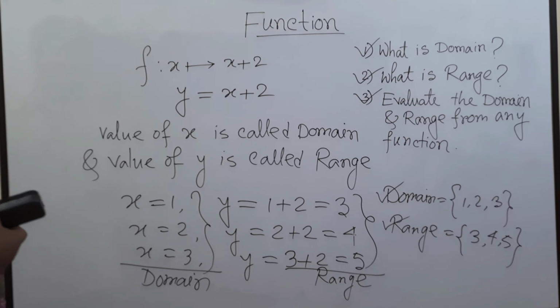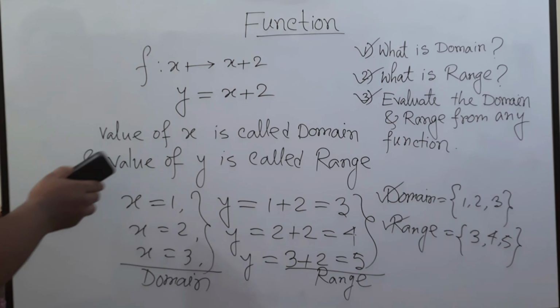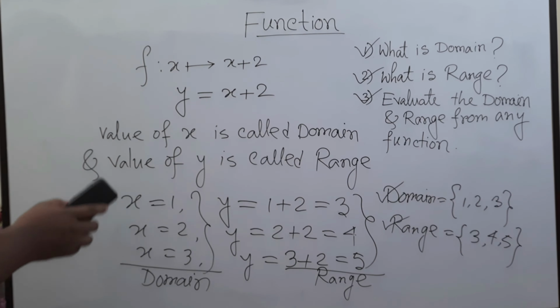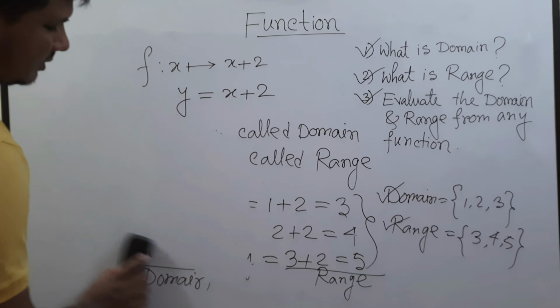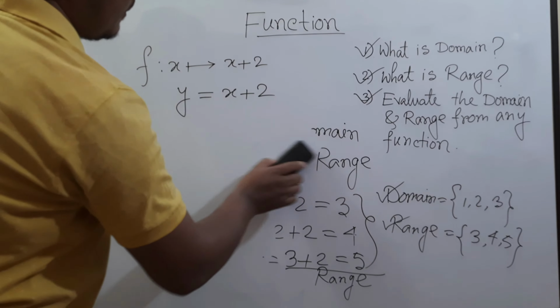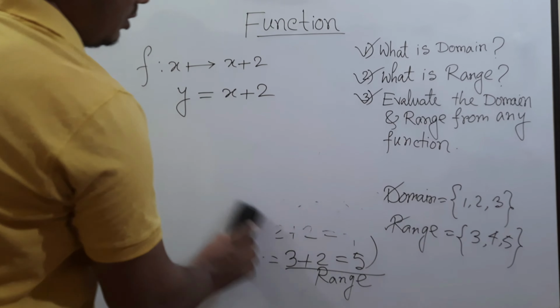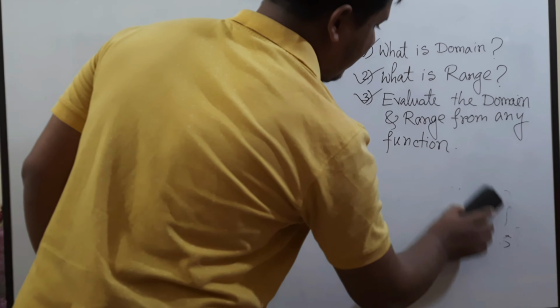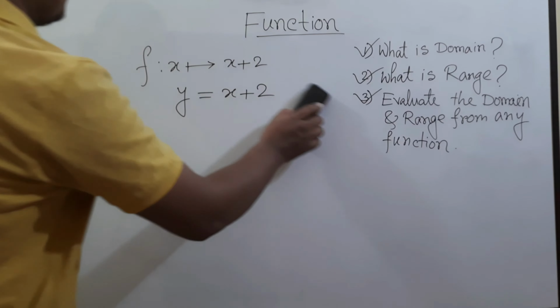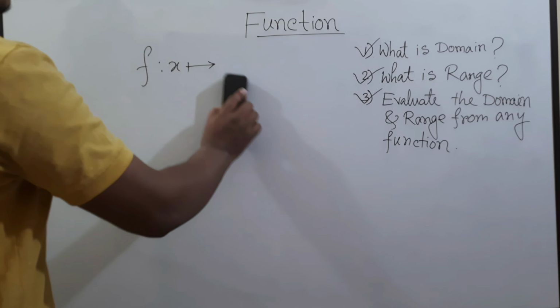Now we can consider another example for finding the domain and range of a function. So here if the domain is given, then we can easily find the range of a function.